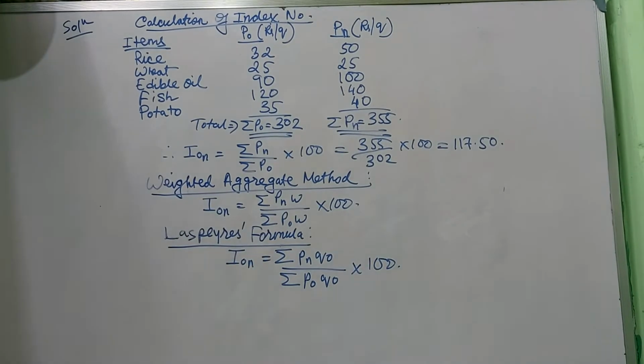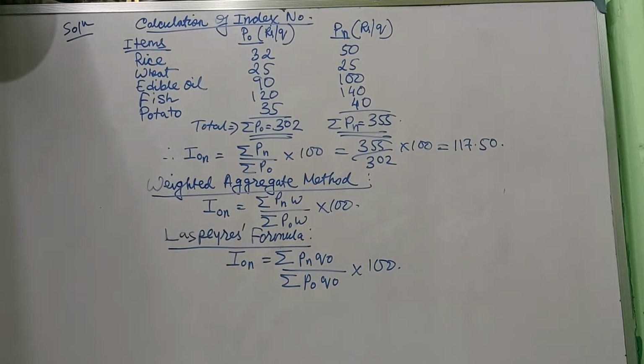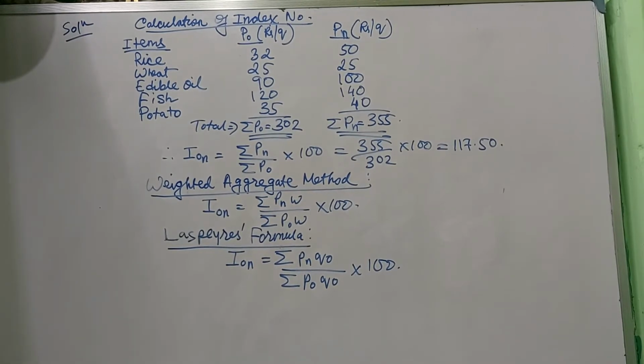It means the current year price with base year quantity total, divided by the base year price with base year quantity total, multiplied by 100. We get Laspeyres' formula.